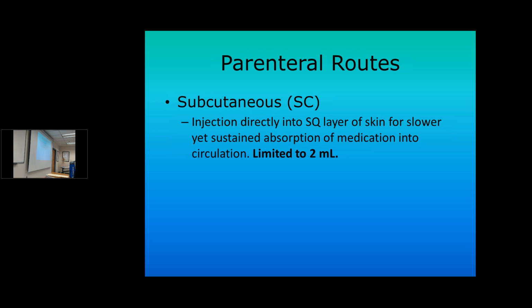You should know this. Anything that we give sub-Q is limited to 2 mils. 2 mils only. Typically, that's going to be in a deltoid, but a max of 2 mils.